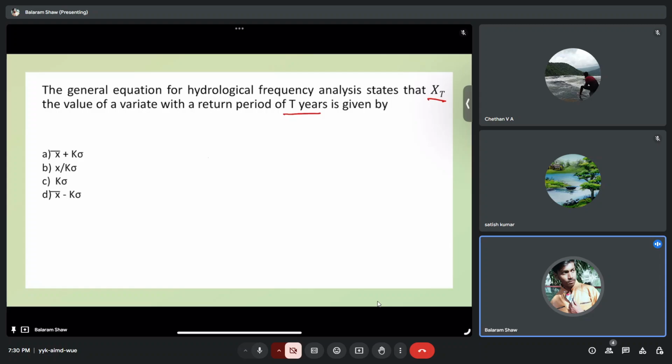The next term that comes is reliability. What is reliability, anyone? Reliability is a measure of how much we can trust the system or the structure in withstanding extreme events.